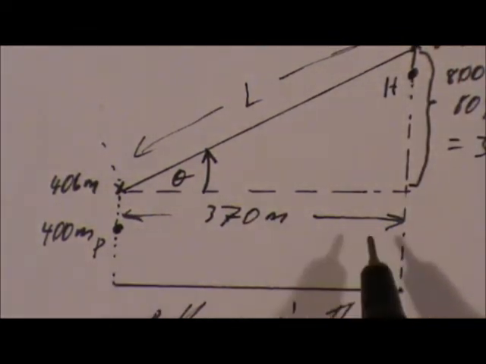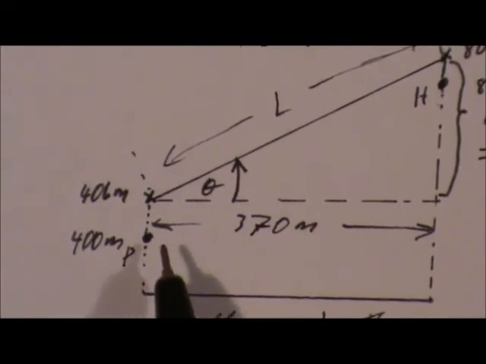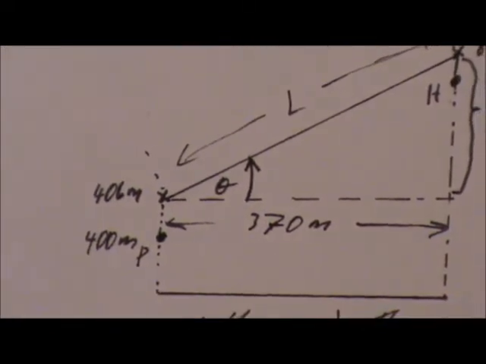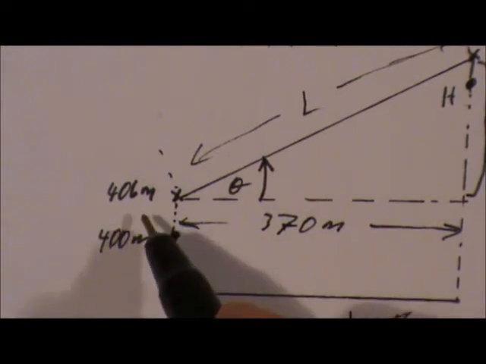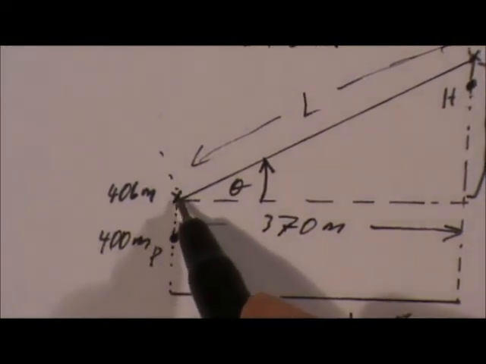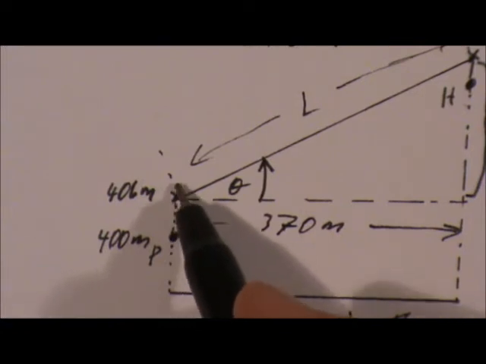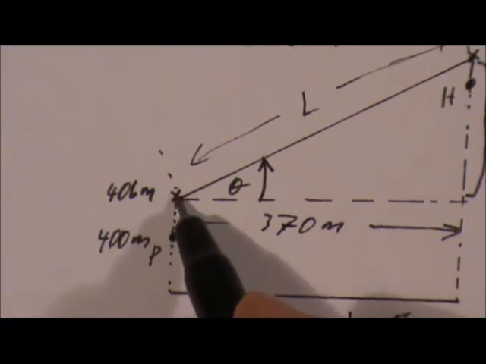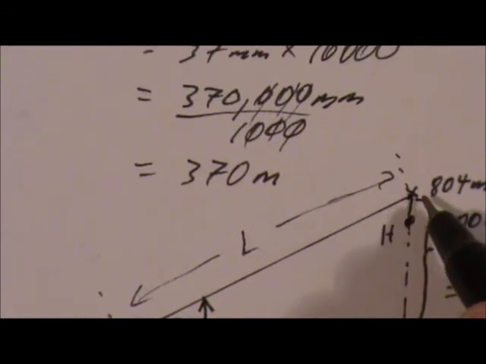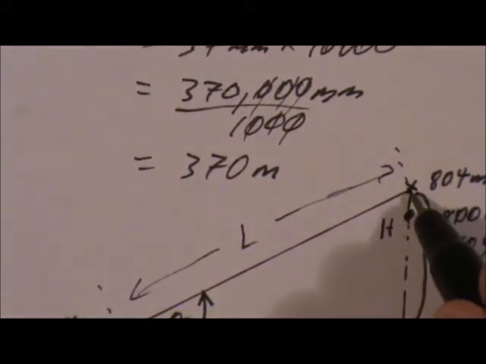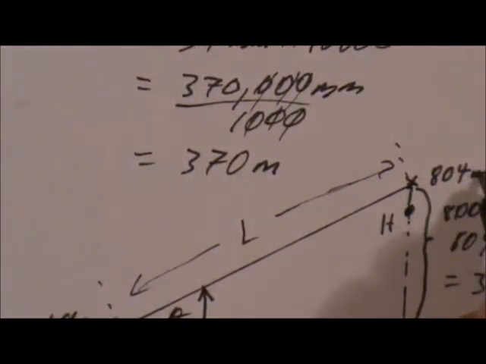is 370 meters. Now we know that the power pole is located at an elevation of 400 meters, and we know the pole itself is 6 meters long. So the point we're interested in is located right here. The other point is located at 804 meters above sea level.